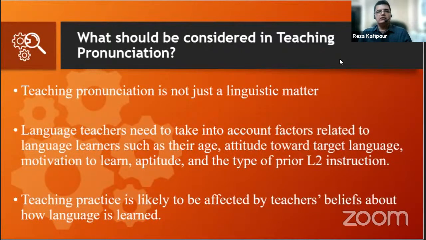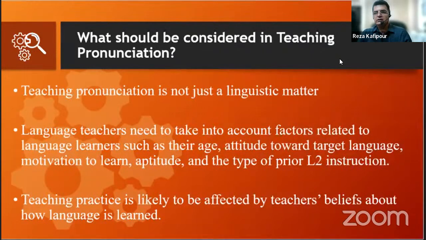But actually, what should be considered in teaching pronunciation? When we are talking about pronunciation, we should be aware that teaching pronunciation is not just a linguistic matter. Language teachers need to consider factors related to language learners, such as their age, attitude toward the target language, motivation to learn, aptitude, or even type of prior second language instruction, and many more factors that may interfere in teaching pronunciation, whether positively or negatively.